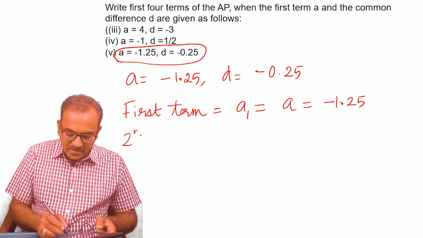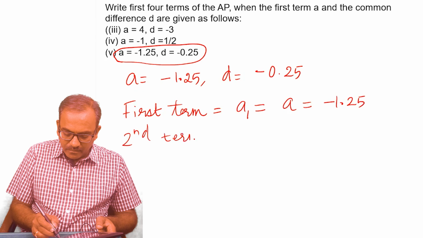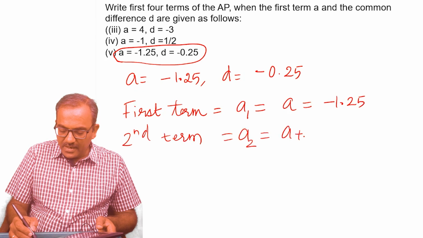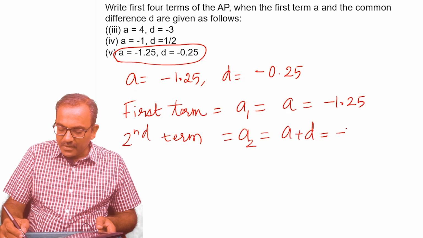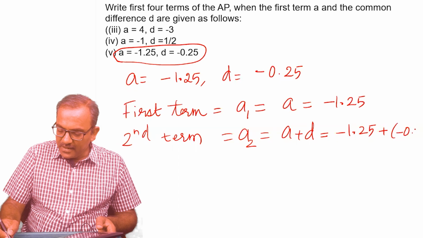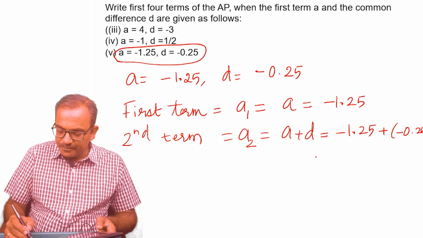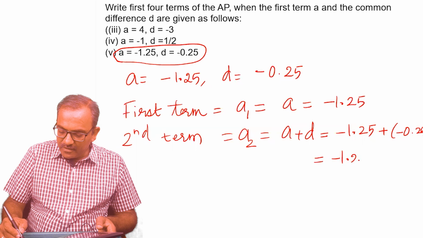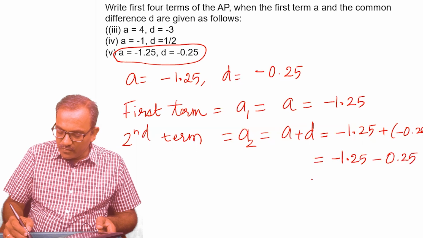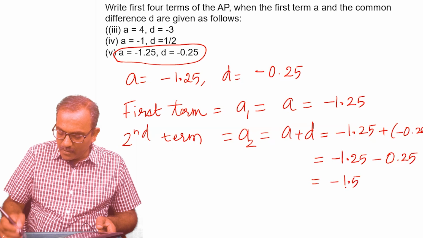The second term, I call it A2, which is A plus D, minus 1.25 plus minus 0.25, which is minus 1.25 minus 0.25, which will be minus 1.5.